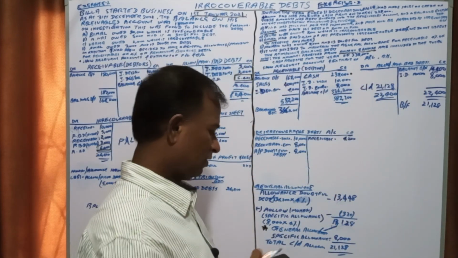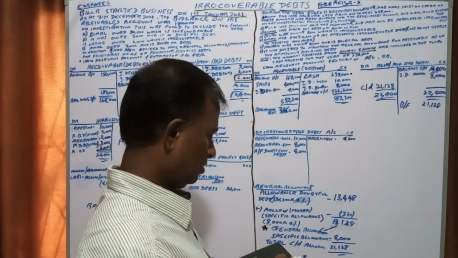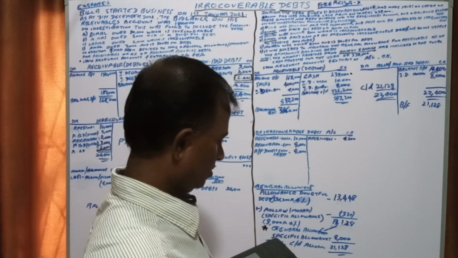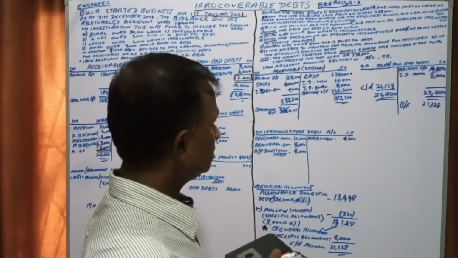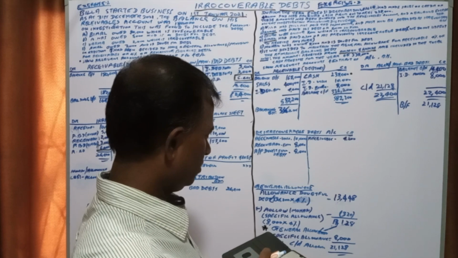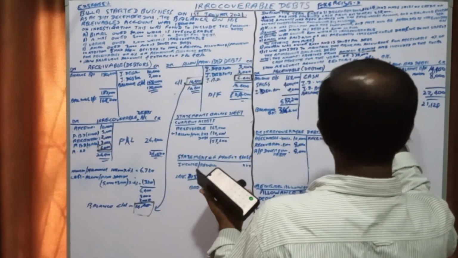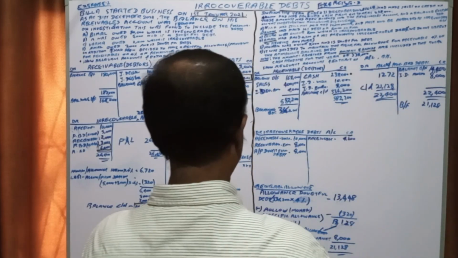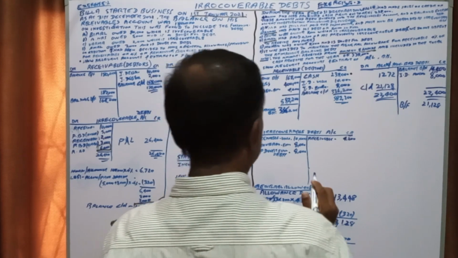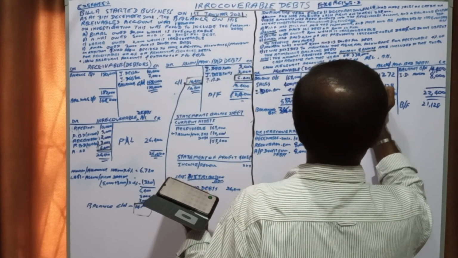Let me know the difference. Here you will say 22,400 minus 21,128. That means 1,272. 1,272 we are going to transfer to the irrecoverable debts.